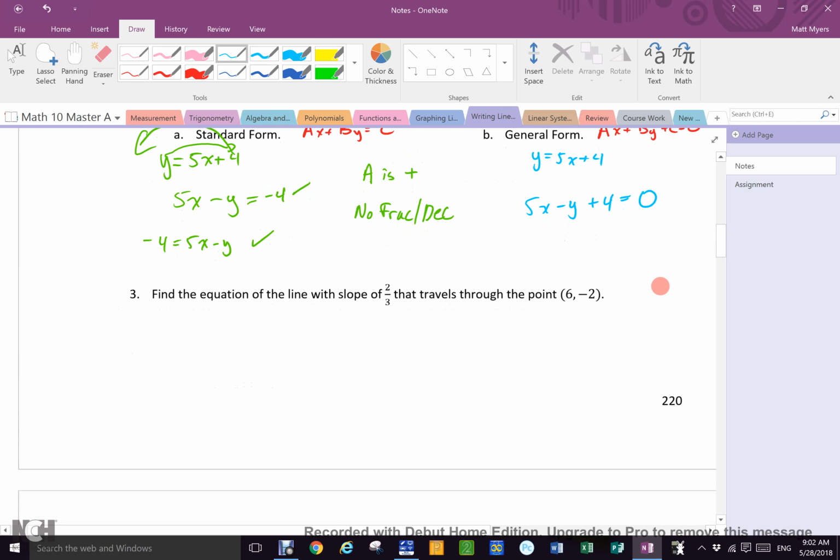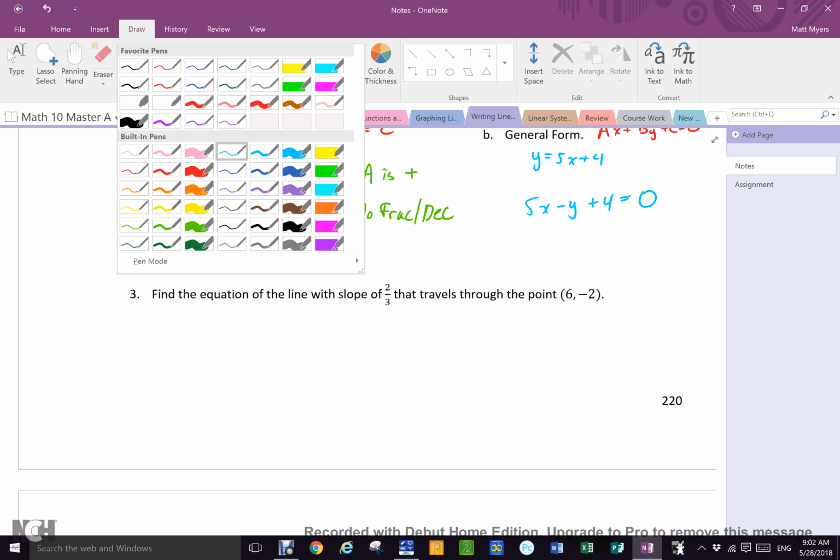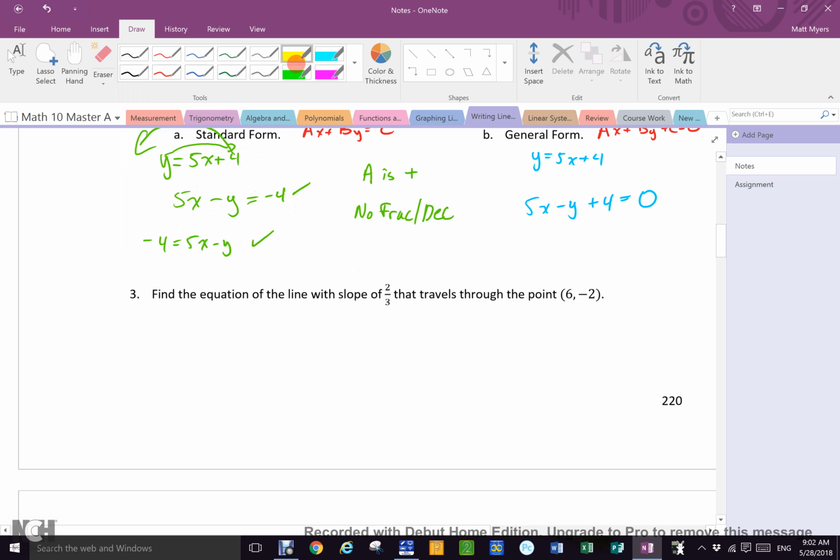Let's do this one. What do I have now? Tell me the information that this question gives me. Slope and the x and the y-intercept. It gives me a slope and a point. Which form will I use?